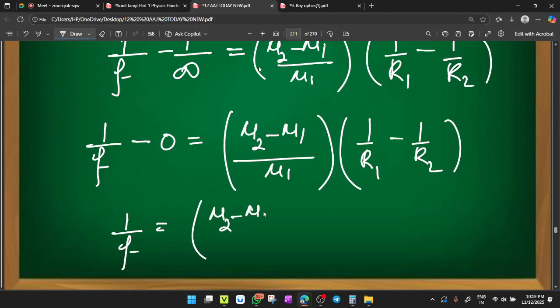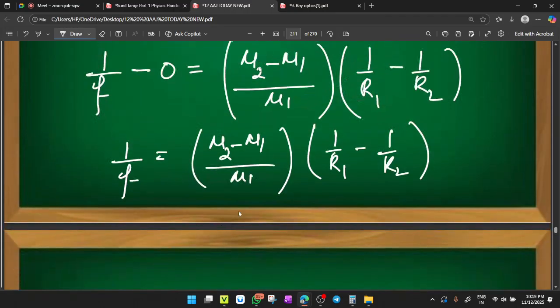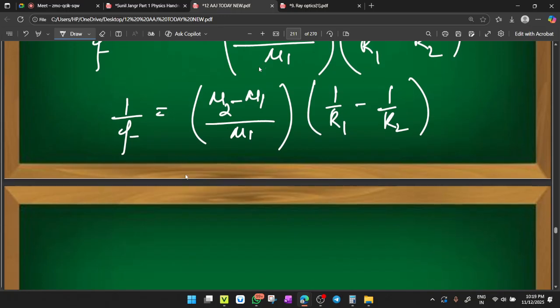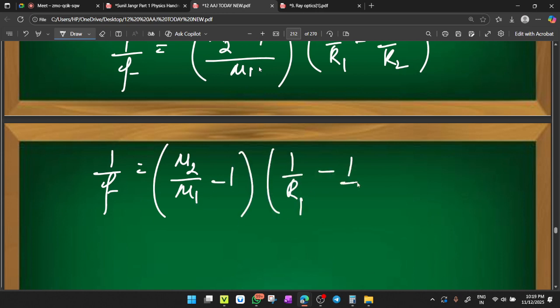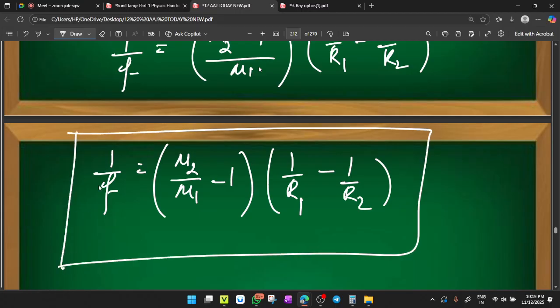So your final derivation comes out: 1 upon f equals mu 2 minus mu 1 upon mu 1, 1 upon r1 minus 1 upon r2. Or you can also write 1 upon f equals mu 2 upon mu 1 minus 1, 1 upon r1 minus 1 upon r2. This is your lens maker's formula.